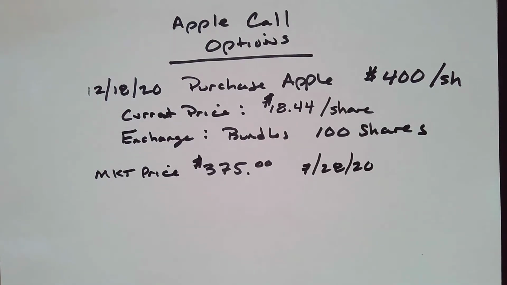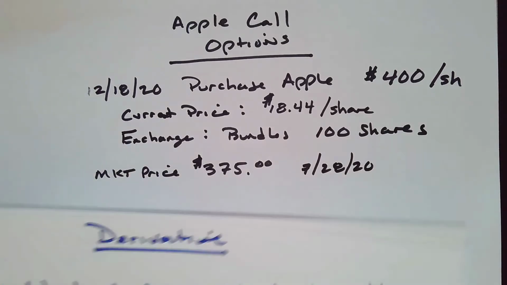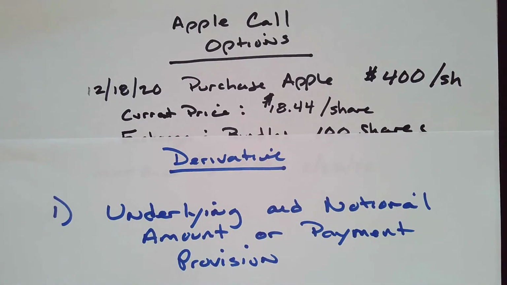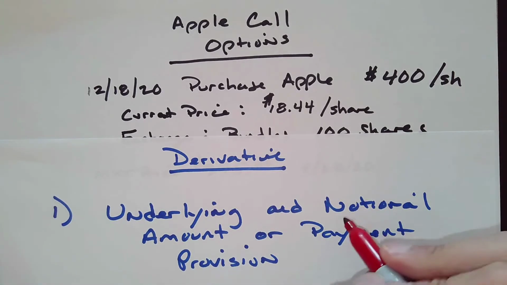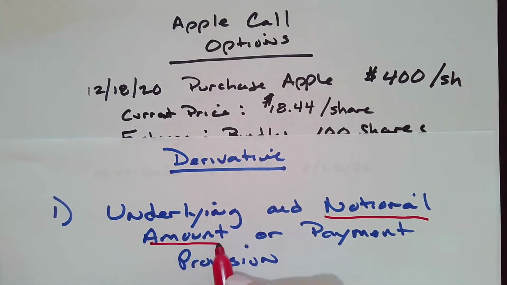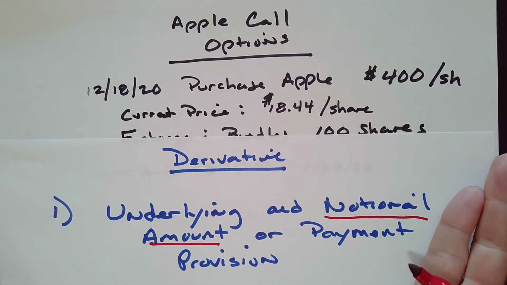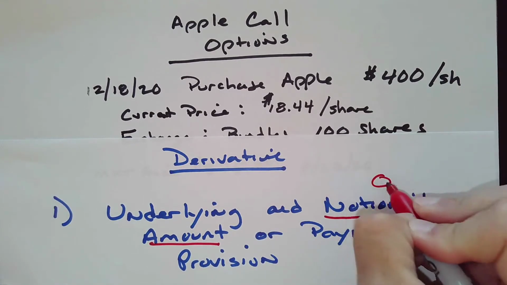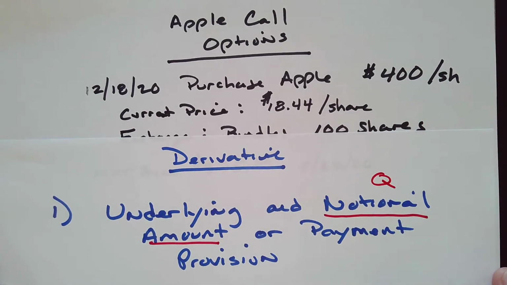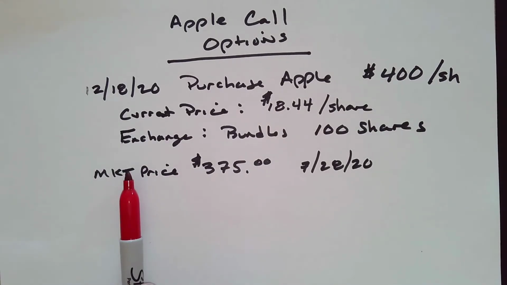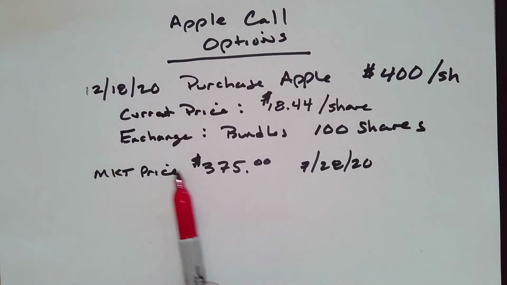So let's go through our three criteria. The first criterion is that there is an underlying and a notional amount, or if there's not a notional amount, there's a payment provision. All right. So let's deal with the notional amount first, right? The notional amount, if we think about trying to come up with a fair value of anything, this is the quantity, right? This is our Q. So what is the quantity that we have in this particular contract?